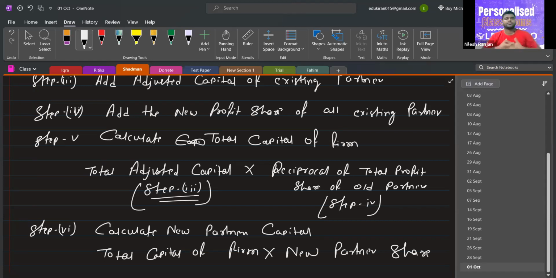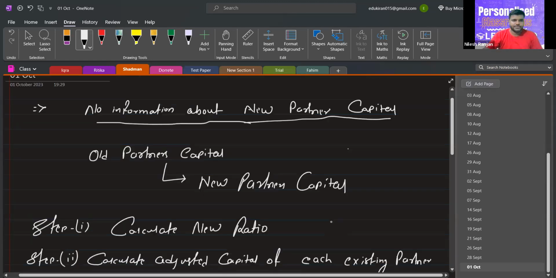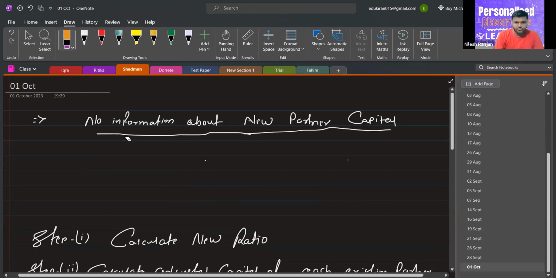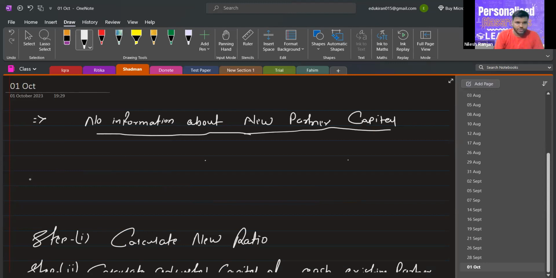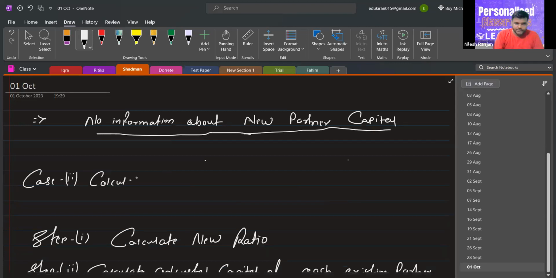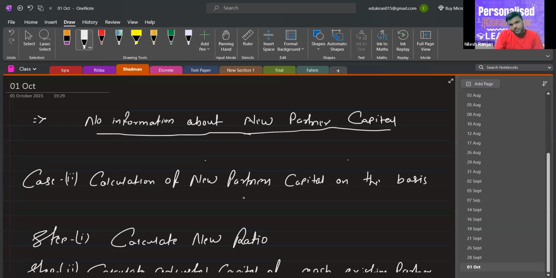So this is actually case 2. I'm writing, please write it down or take a screenshot. Case 2, calculation of new partner's capital on the basis of old partners' capital.